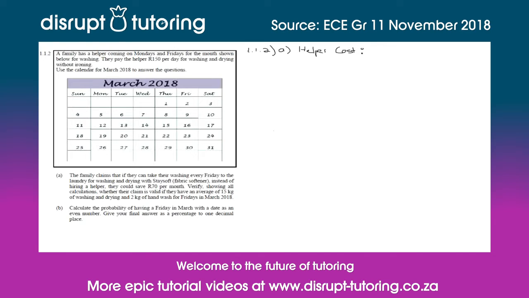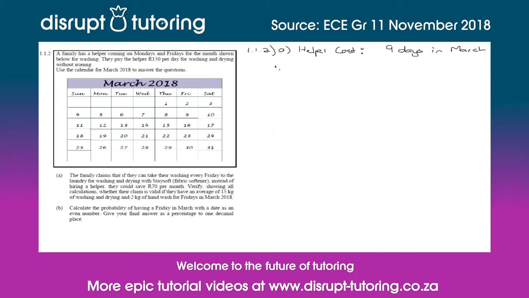The helper will be coming in on Mondays and Fridays of the month. If we count that up, there will be 1, 2, 3, 4 Mondays and 1, 2, 3, 4, 5 Fridays. So in total, it will be 9 days in March.